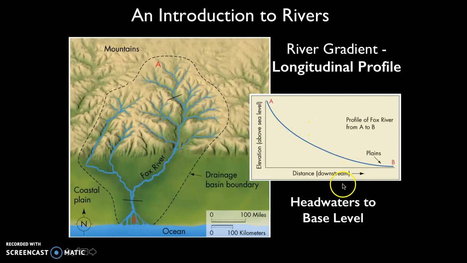So as you're seeing in this plot right here, the distance, or like the beginning of the stream, so that would be distance 0 pretty much, is going to be at the highest elevation, and the gradient is going to be the highest. So that slope of this line is the highest at the beginning of the stream.